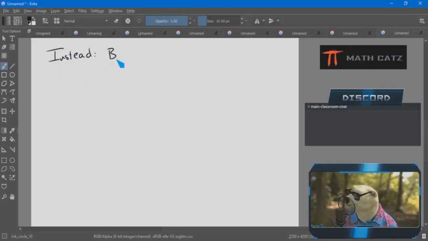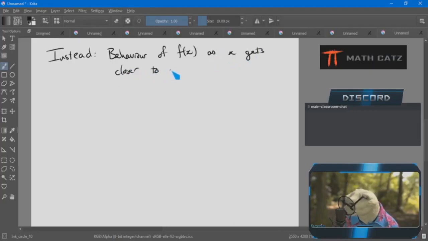We can ask for the behavior of, it doesn't matter what the function is, as x gets closer to some c value, could be 0, could be anything. Now there are two cases.